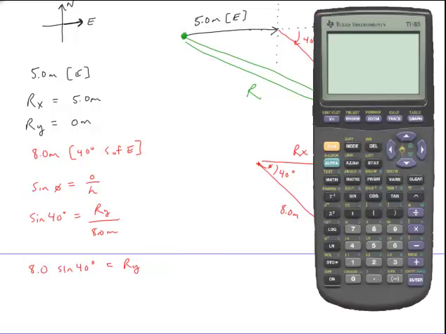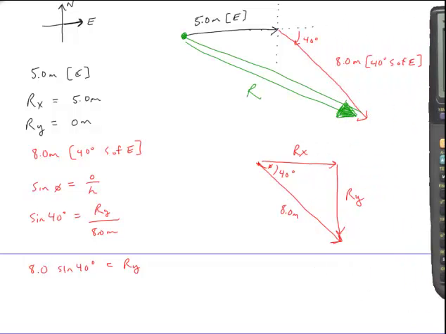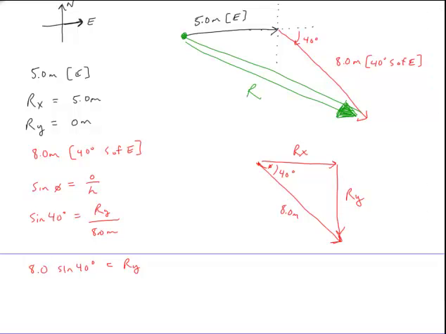Bring your calculator, oh, this thing takes forever to turn on. While it's turning on, I'll put it over to the side, and we'll start on the next one. Rx, we're going to have to use either cos or tan. I imagine you can guess that it's cos, because we don't have these two values.